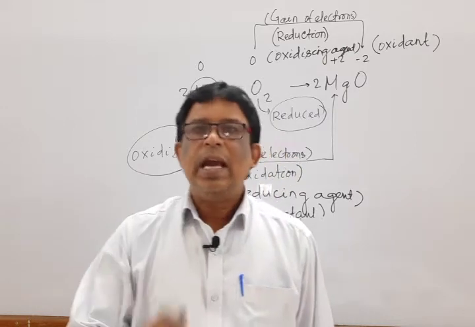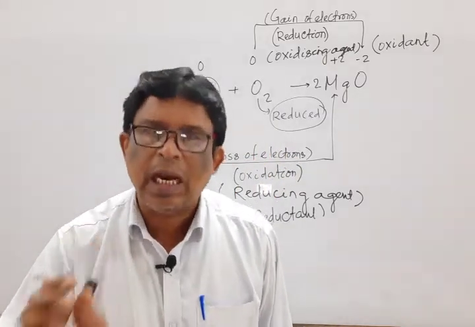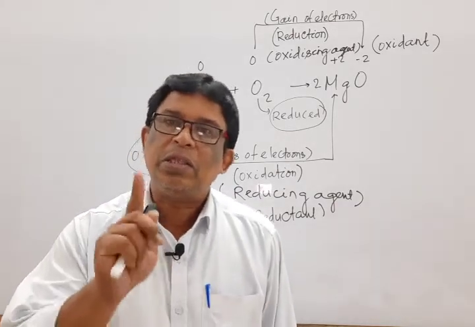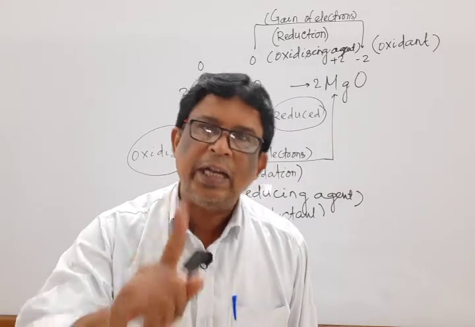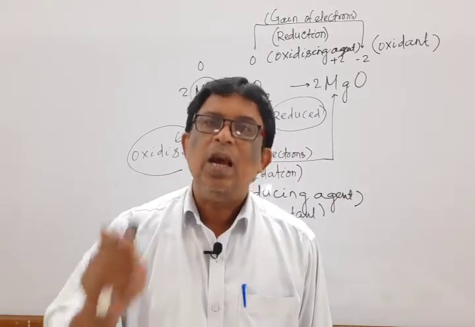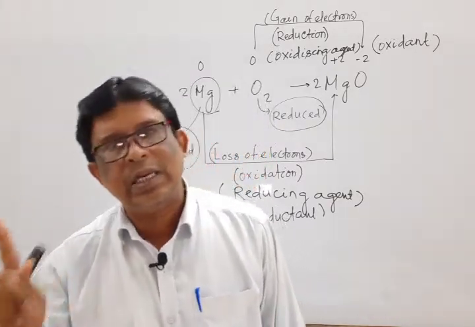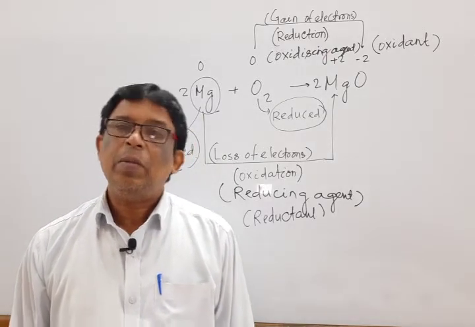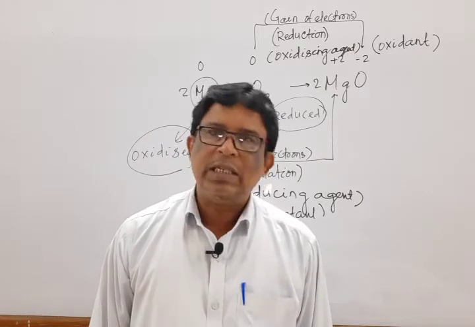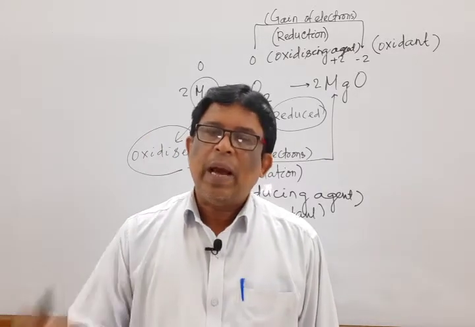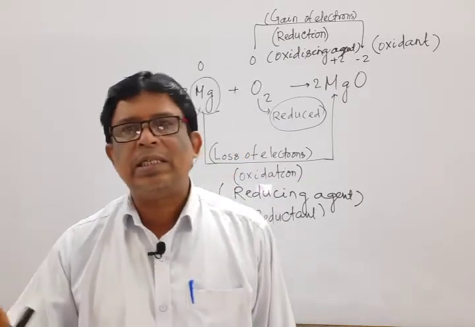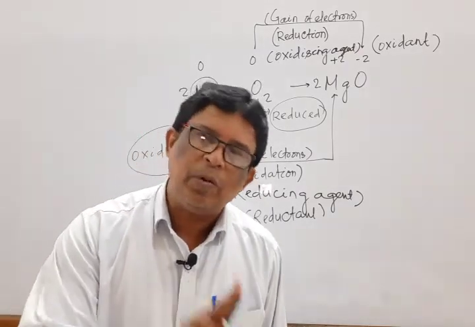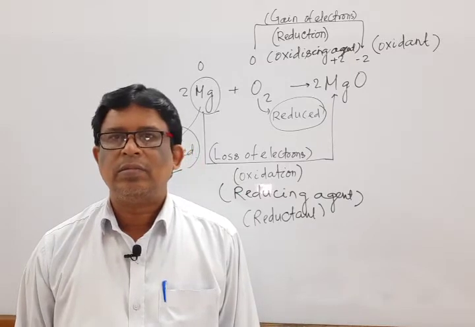Next, if the medium is alkaline, then first mark the charge, and balance the negative charge by adding OH minus ion to the deficient side. Then balance oxygen by adding water molecule to the deficient side, simultaneously adding OH minus ion to the opposite side.